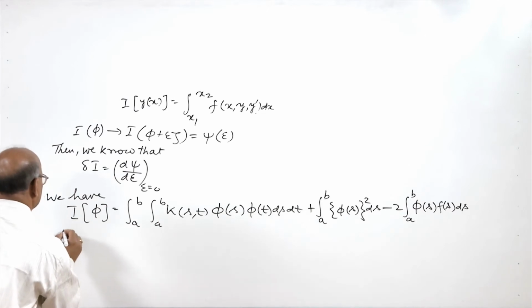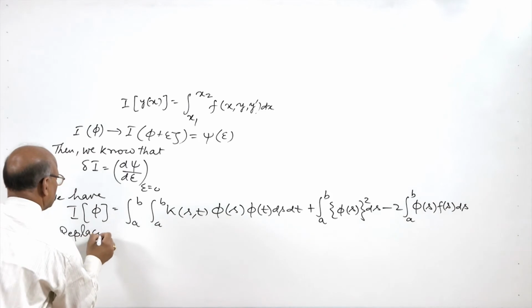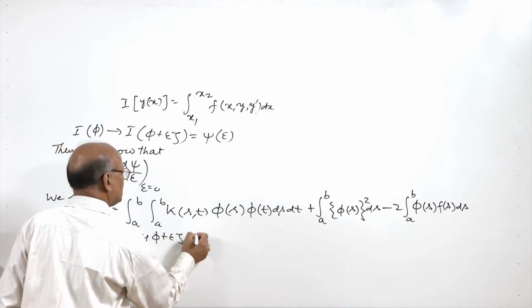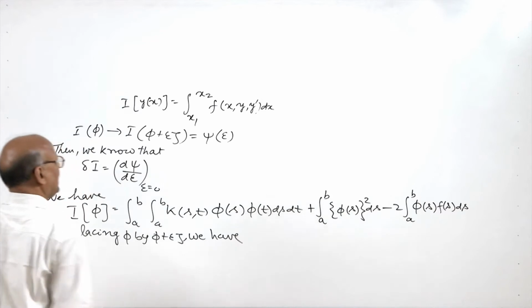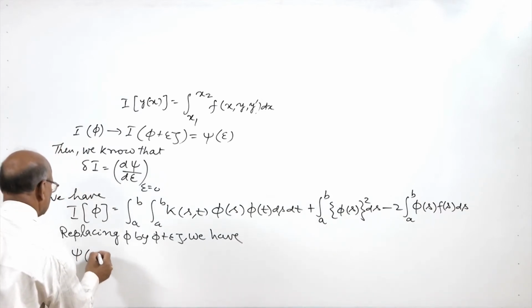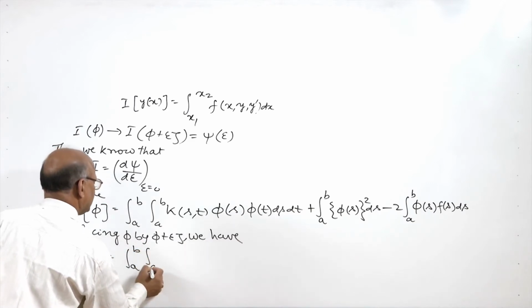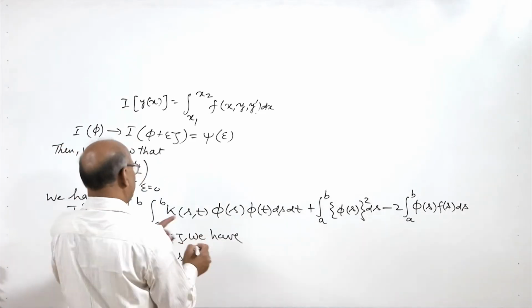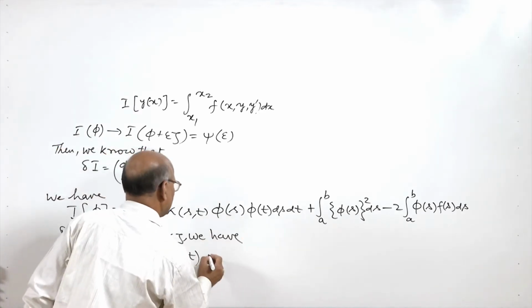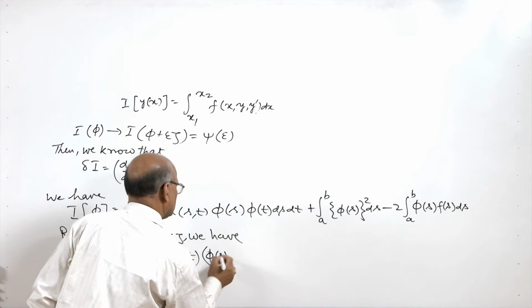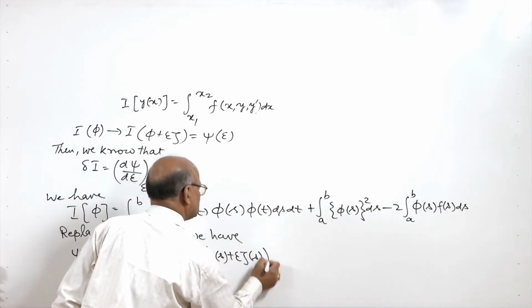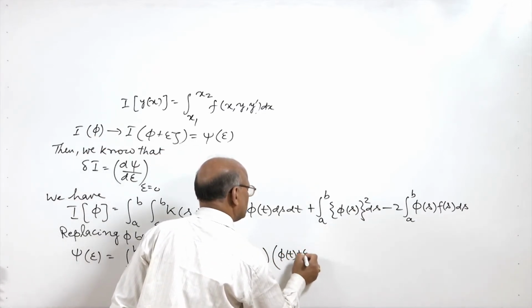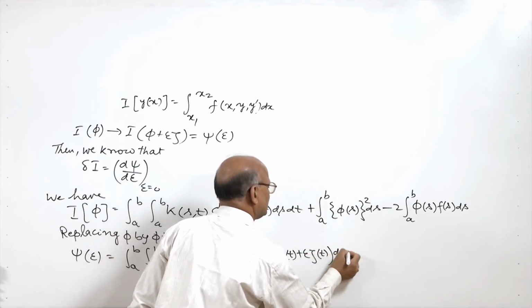Replacing, we have psi of epsilon equal to the integral a to b of K(s,t), where phi(s) becomes phi(s) plus epsilon zeta(s), and phi(t) becomes phi(t) plus epsilon zeta(t), into ds dt.